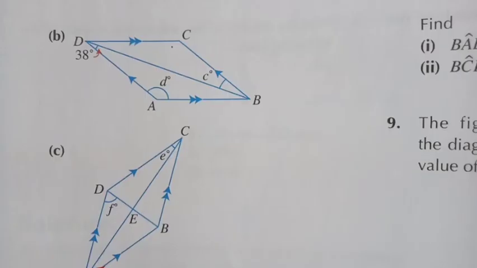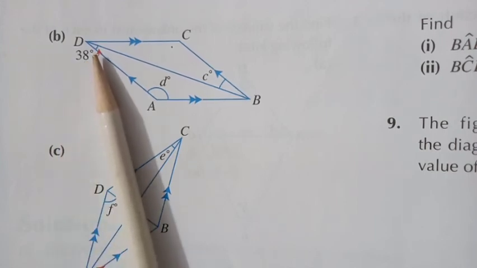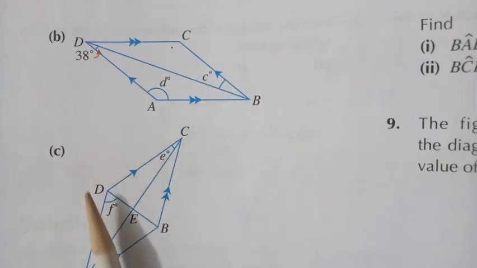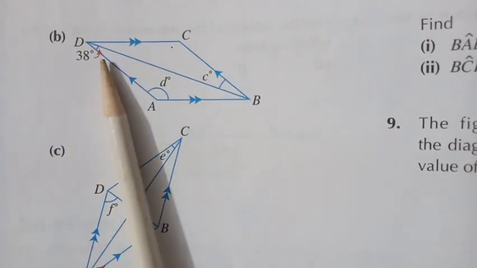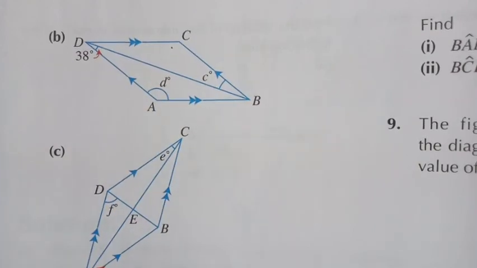Now part B. देखिए इस part B में this is given an angle 38 degree. C आपको find out करना है. Don't you think that C and this 38 are alternate angles?